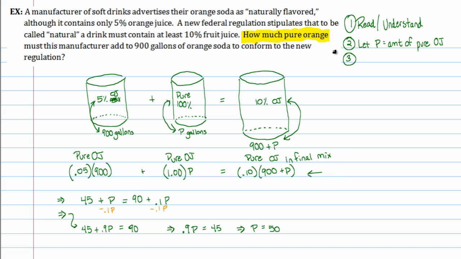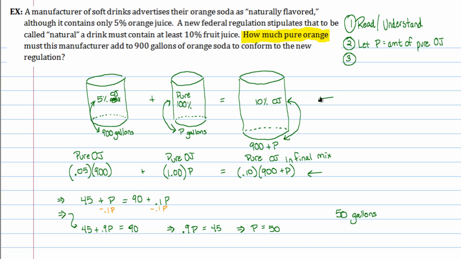So how much pure orange juice should this manufacturer put into their vat so that they meet federal standards? 50 gallons. 50 gallons of pure OJ is what they're going to add in. And that will increase the concentration from 5% up to 10%.